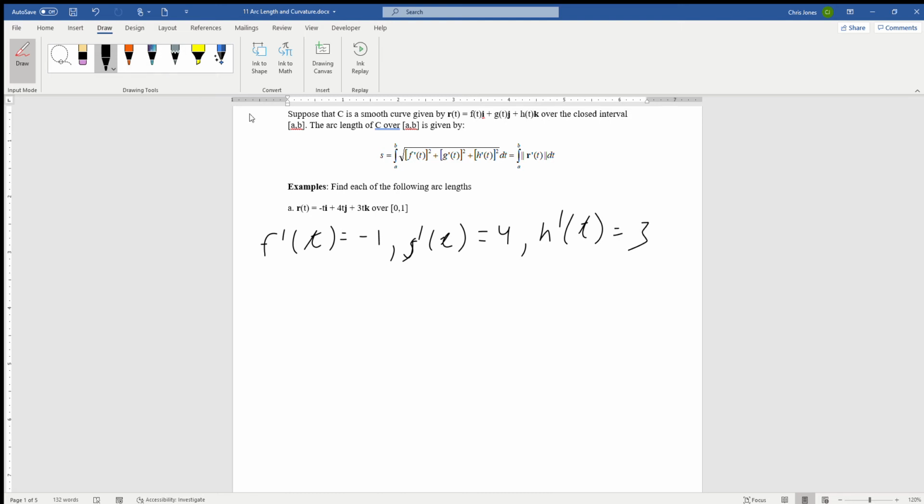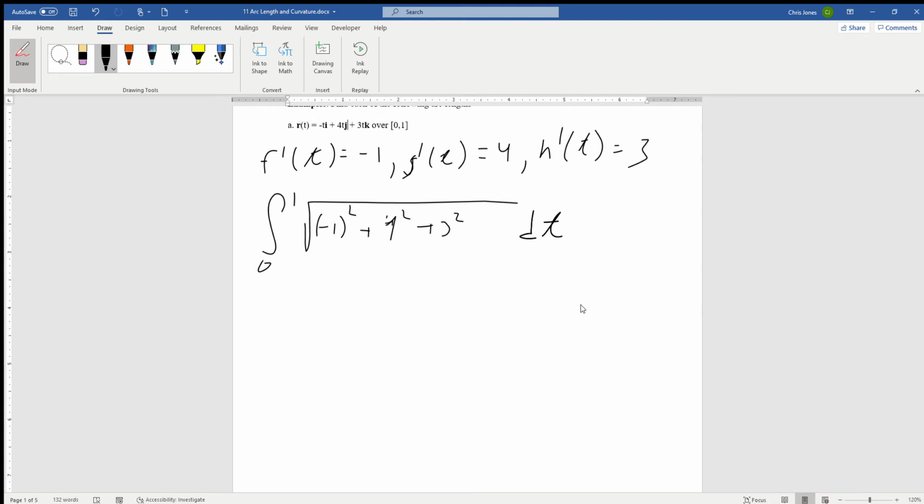We're just going to put it into the formula, so it's the integral from 0 to 1 of the square root of each of those derivatives squared, with respect to t. Clearly this is about as easy as it gets. That's going to end up being root 26.